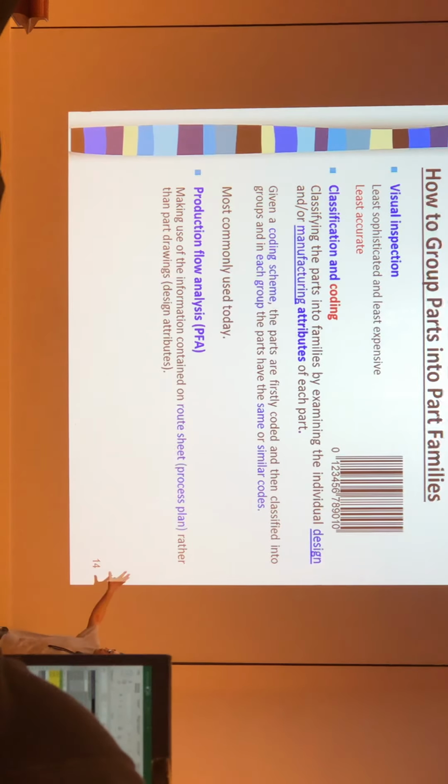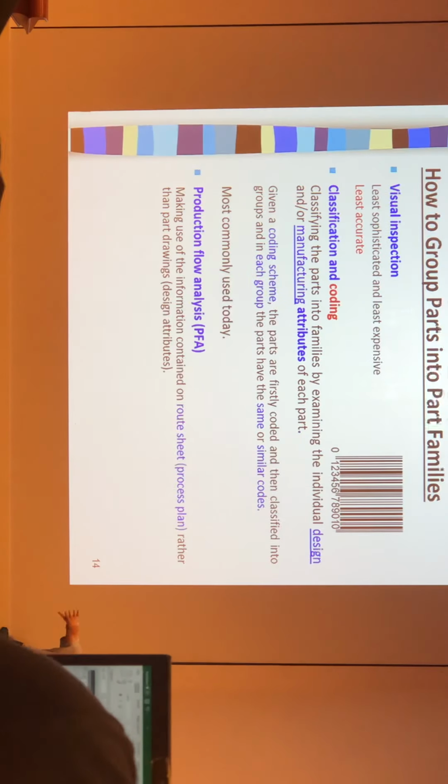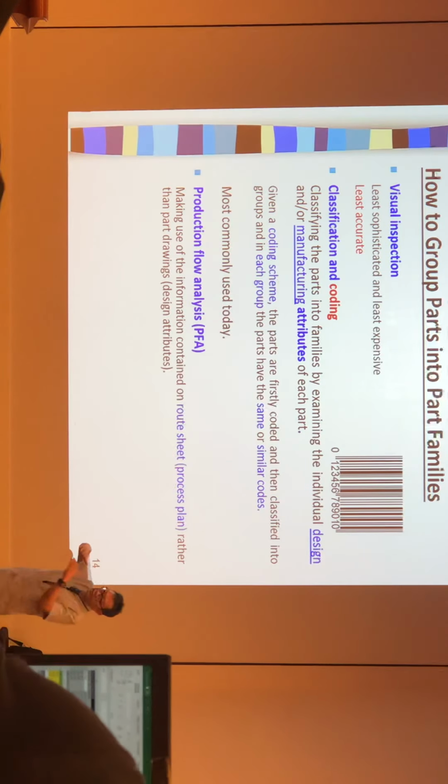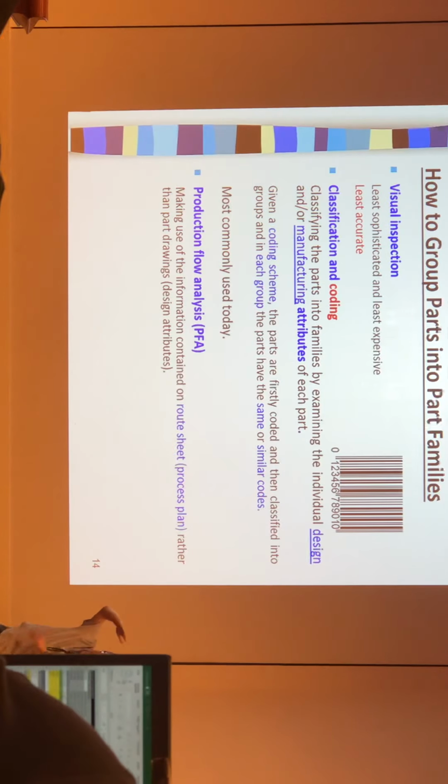For this method, the information we start with does not contain the design information, which means the drawing or CAD model is ignored. It simply makes use of the process plans for all the parts. Eventually, parts sharing similar process steps will be grouped into a part family.